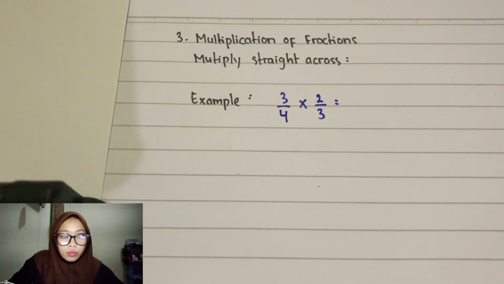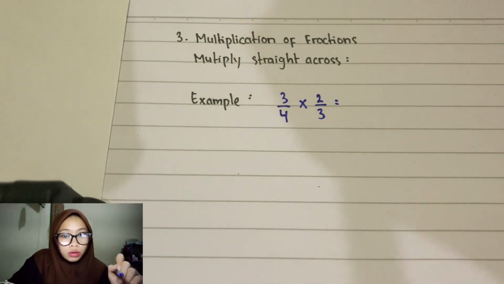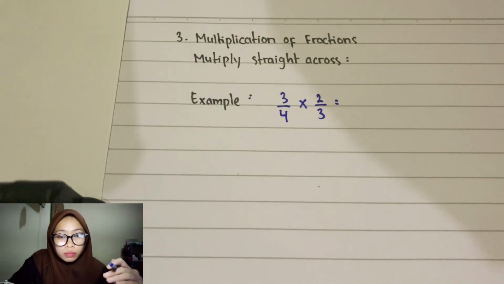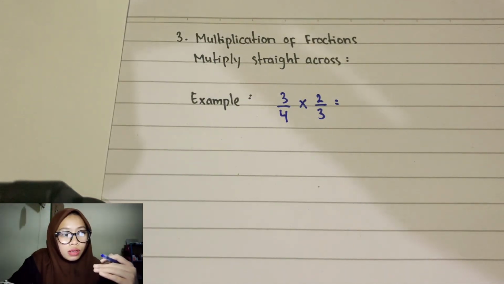Okay, now we're going to talk about multiplication of fractions. All we need to do is multiply straight across. It's just the top number times the top number, and the bottom number times the bottom number.